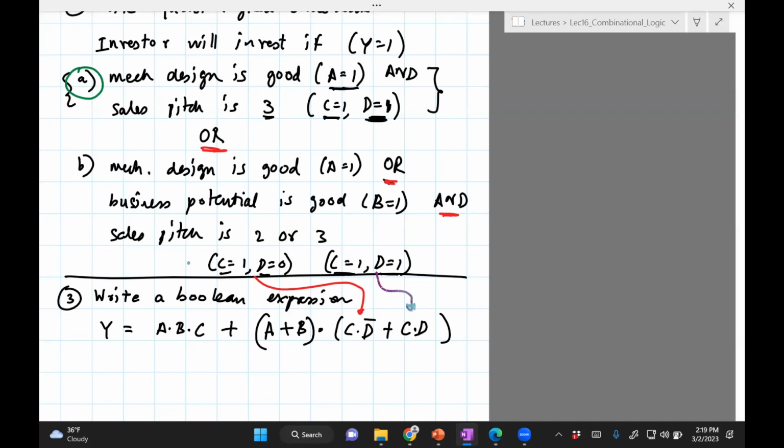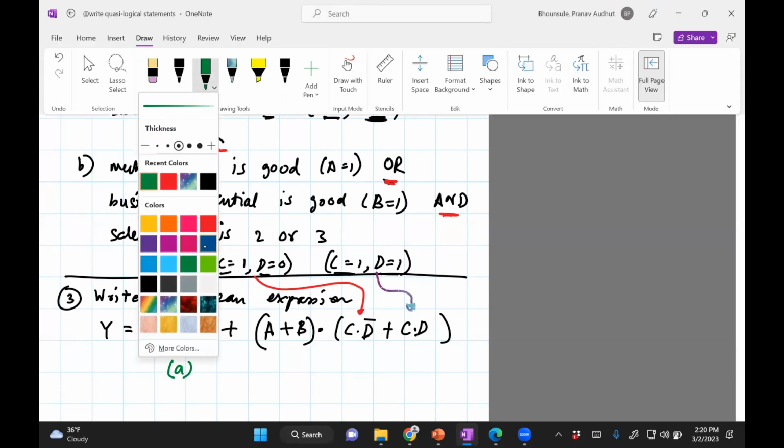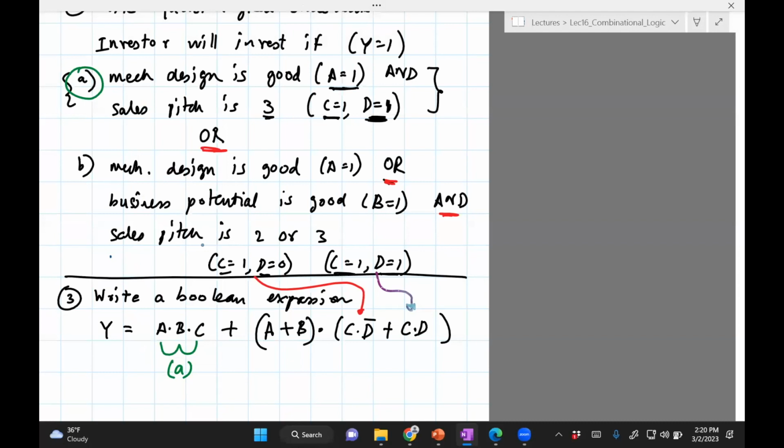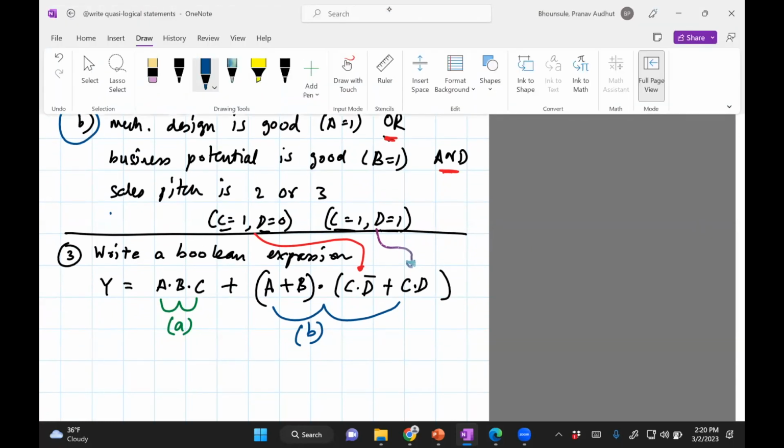This A is A. Is B or B. Okay, so now we have this expression.